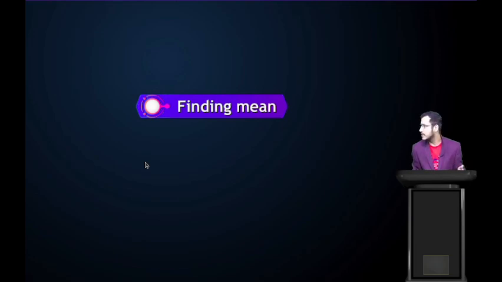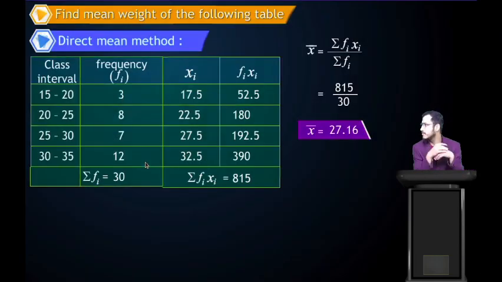Now, finding mean. Find the mean weight of the following table, using the direct mean method. You can see the class interval, frequency, and the mid value of the class interval: 17.5, 22.5. xi means the mid value of the class interval, and fi xi means the multiplication of these two columns.